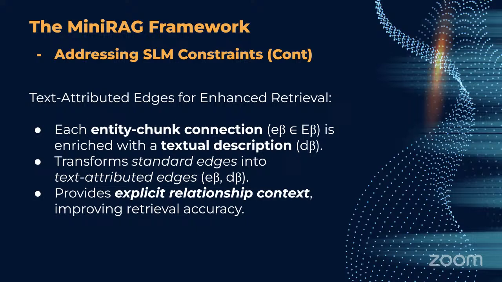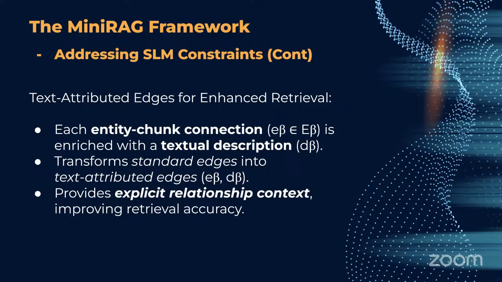In order to really make that offloading of semantic understanding more robust for the SLM, those different types of connections are then further enhanced by deeper descriptions of the different types of relationships that exist here.